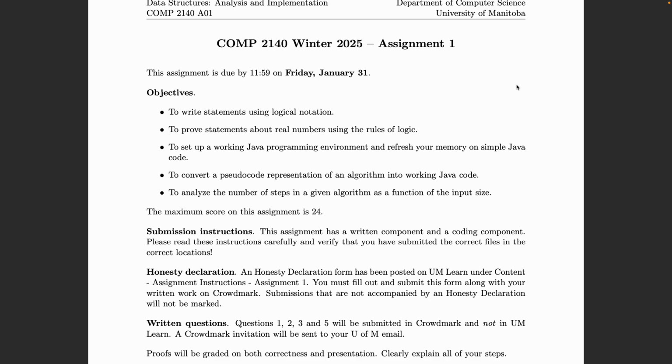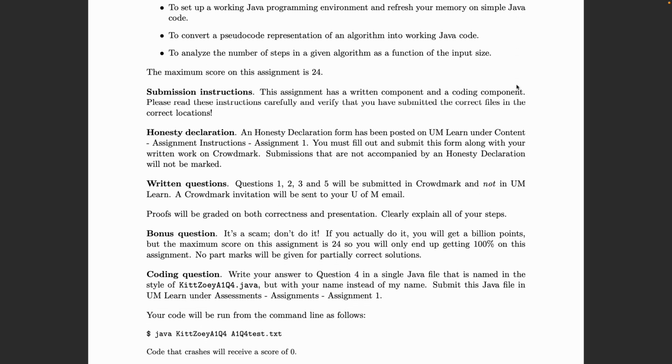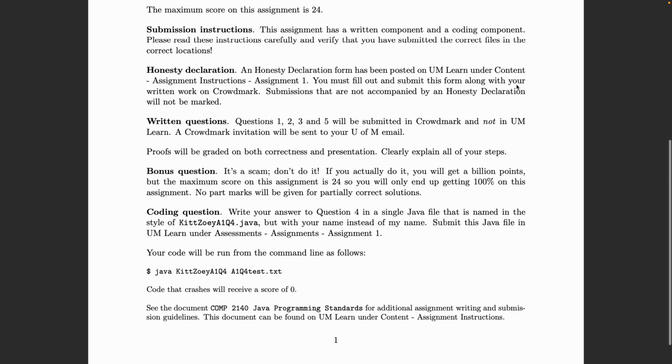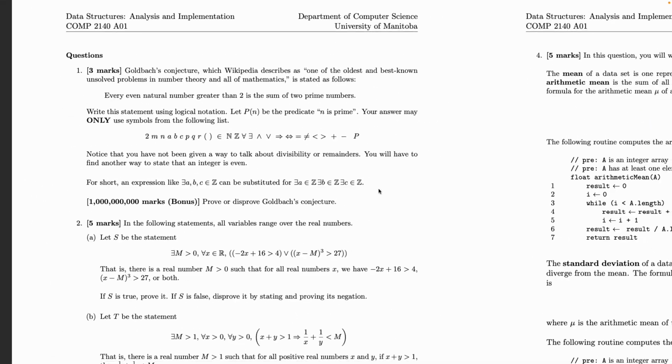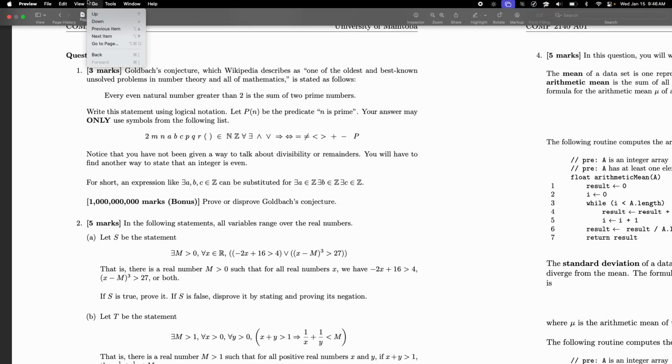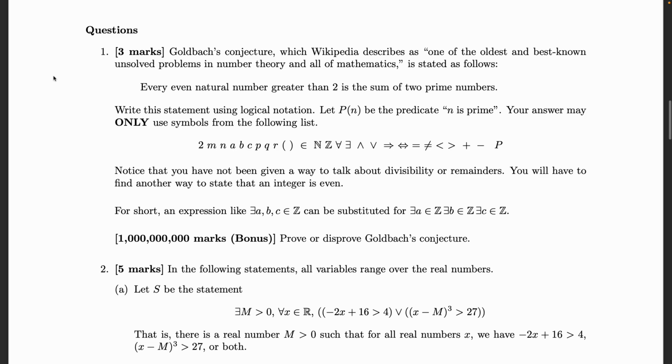This assignment is mostly theory with a bit of coding mixed in. You can read this yourself. Question 1 is to write a mathematical statement in logical notation.